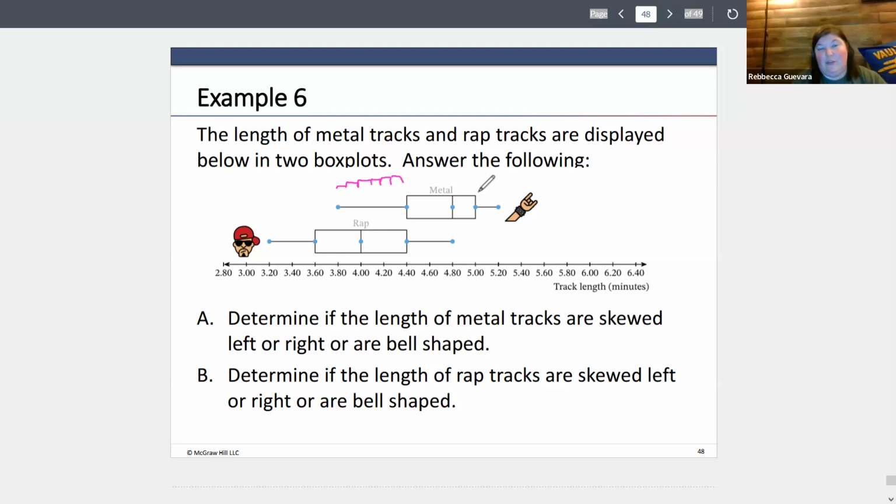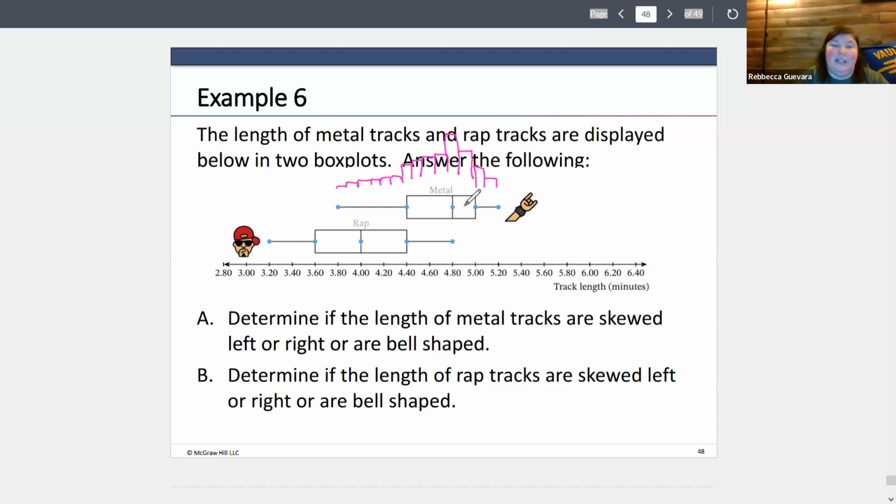For here, this whisker is a little shorter, so that same area has to fit in here. So it has to make us bigger bars. Same thing here. This is a longer area than this over here.